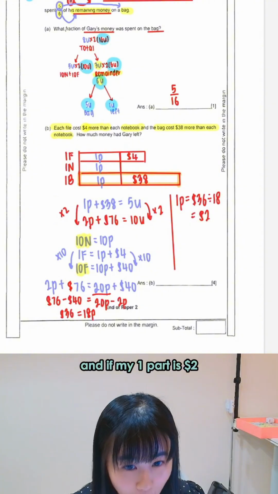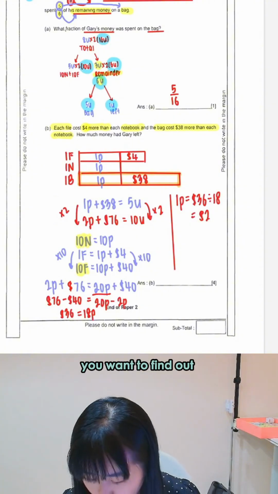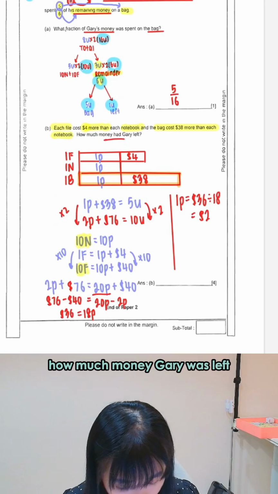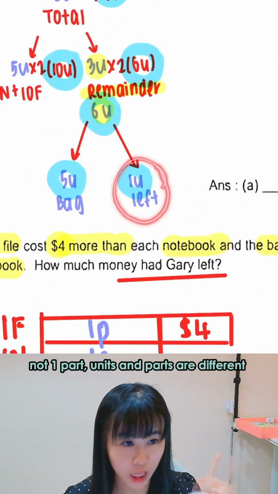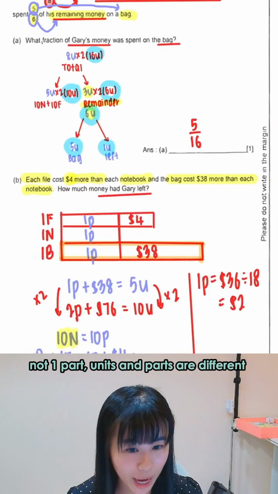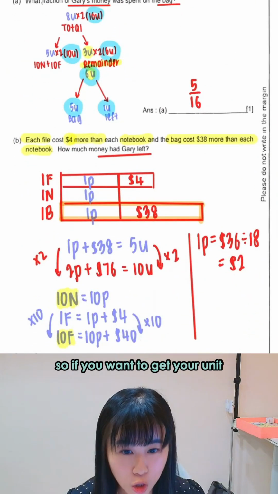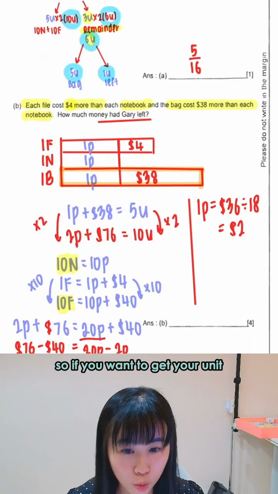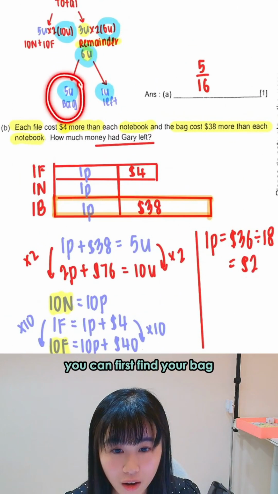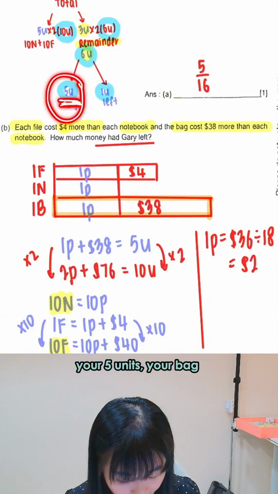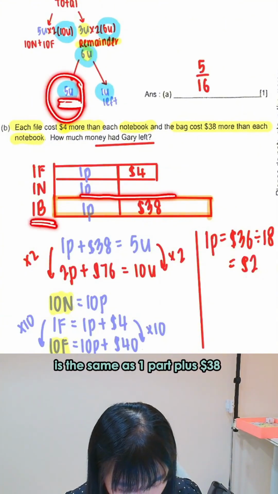And if my 1 part is $2, you want to find out how much money Gary was left with. Remember, Gary was left with 1 unit, not 1 part. Unit and part are different, okay? So, if you want to get your unit, you can first find your bag. Your bag is 5 units, which is the same as 1 part plus 38.